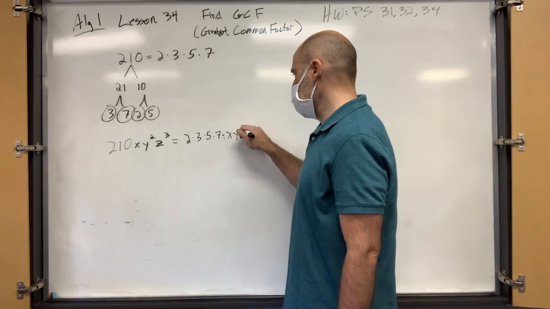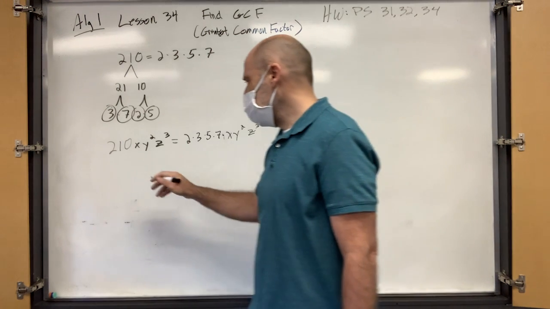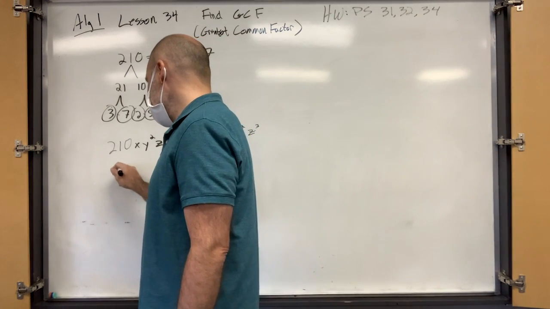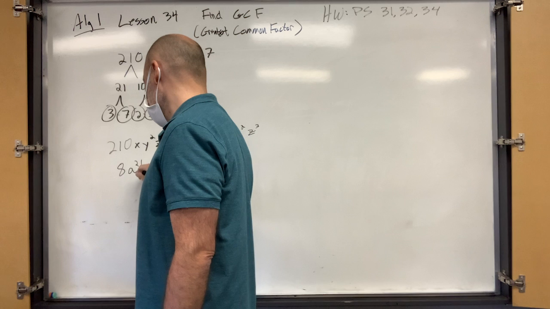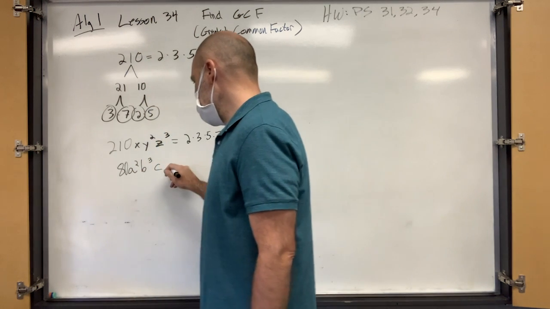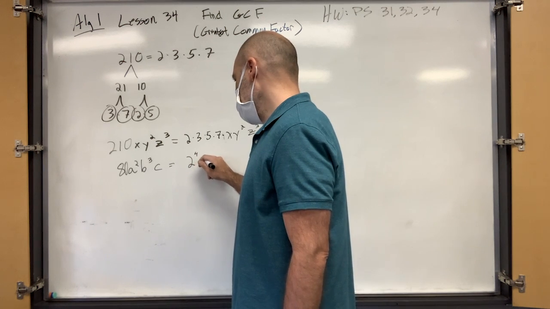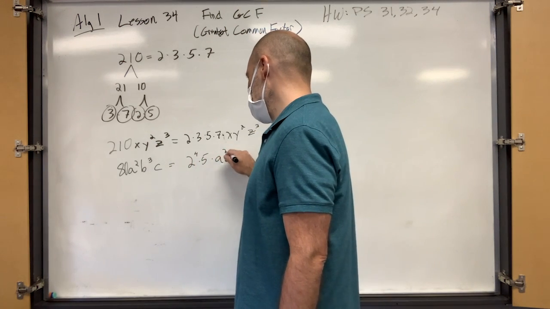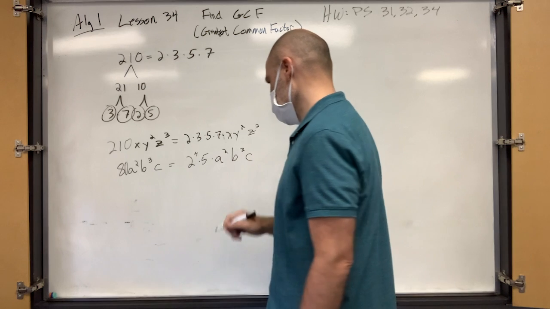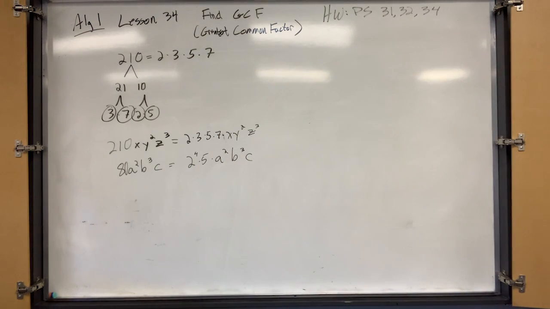X, y squared, z cubed. Okay? So what was it? Remember we had 80. That was like 2 to the 4th times 5 times a squared b cubed c. Okay? So those are all factored out. All the engine parts are on the garage floor. They're all for everybody to see. Okay?